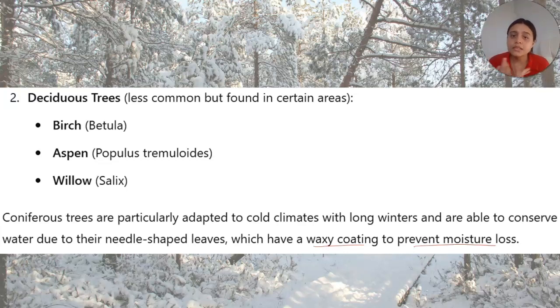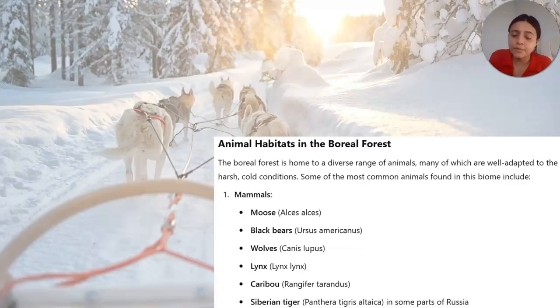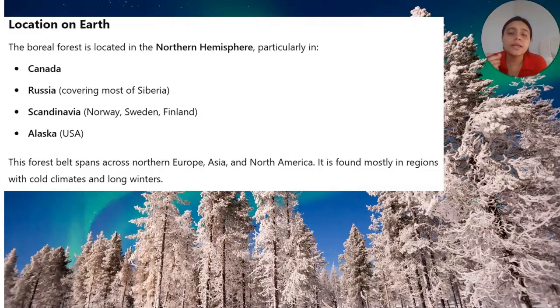So they can easily survive in the dry climate, in the lower temperature. For animal habitats, you can see wolves, black bears and moose here. Locations include Canada, Russia, Sweden and Alaska.